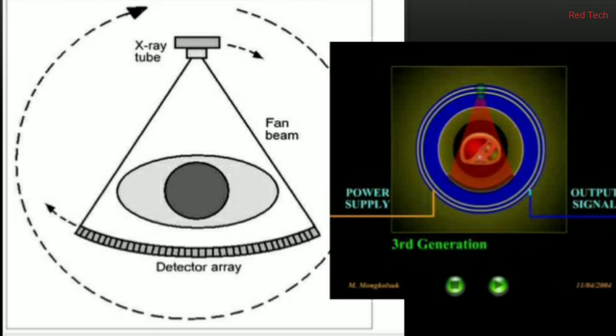Both the X-ray tube and the detector array move around the patient. The X-rays come in a wide fan beam of approximately 60-degree angle and, when emitted, are absorbed by the detector array. And in third generation, you must know about the ring artifact. This was the major disadvantage, and the advantage is that xenon detectors were used.